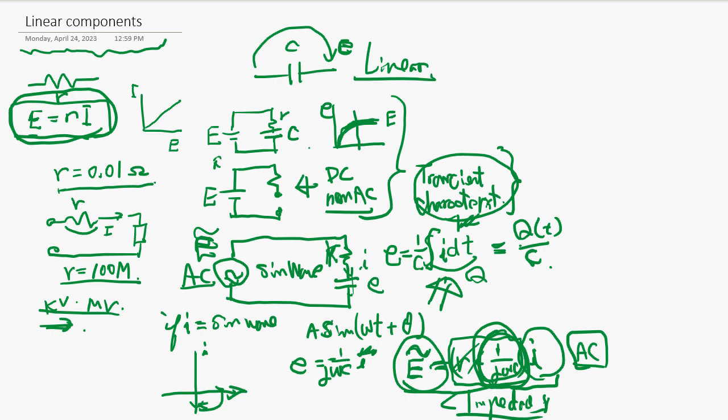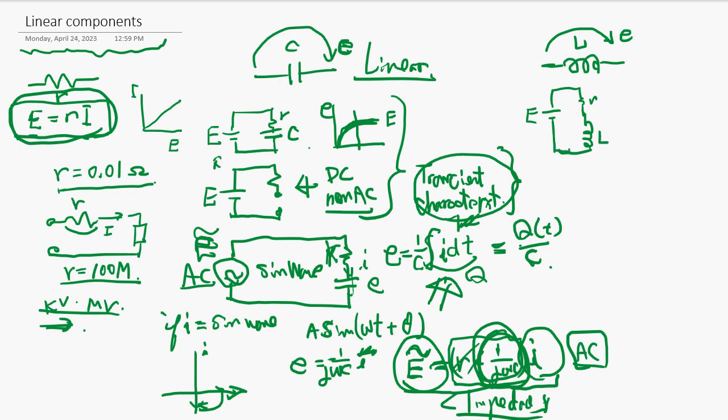How about the inductor? An inductor is a coil, right? And inductance is defined by L. If you put a DC current, what happens? A small resistor, inductor, right?